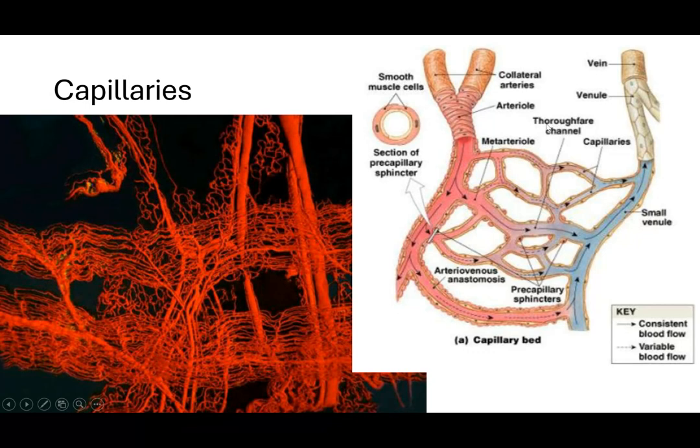And then there's something called a thoroughfare channel, which looks like a capillary, but it's a channel that's providing a different route for blood from the arteriole to the venule, and it can actually bypass the capillary. Okay. So again, directing blood flow through the help of the thoroughfare channel and the sphincters, depending on the need of the tissues, and also helping regulate blood pressure. So that's pretty cool. All right.